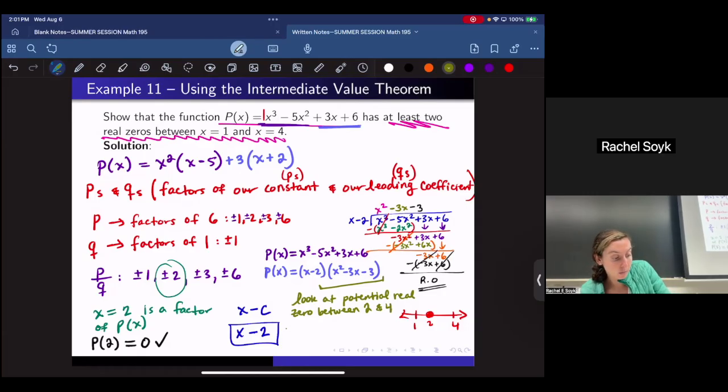And so how can we do this? Well, we know that at 2, it's equal to 0. So why don't we look at P of 3 and P of 4? Just because those are whole numbers, they'll be easy to calculate.